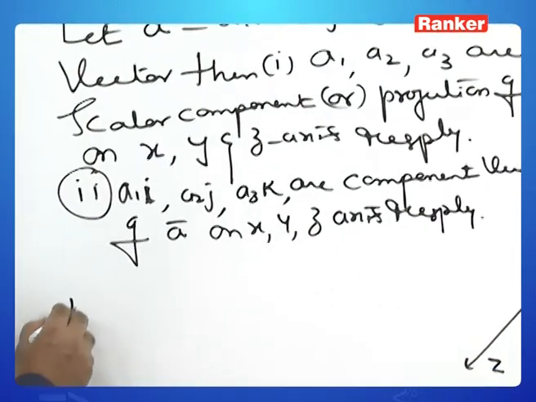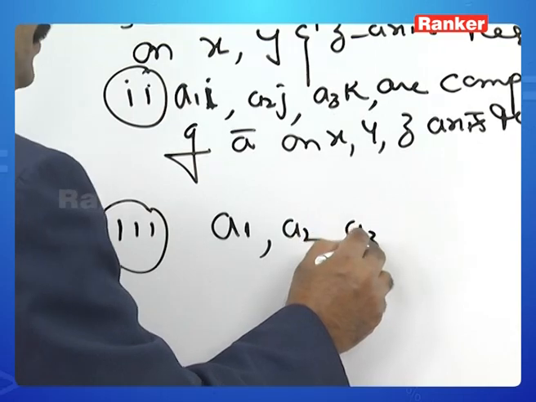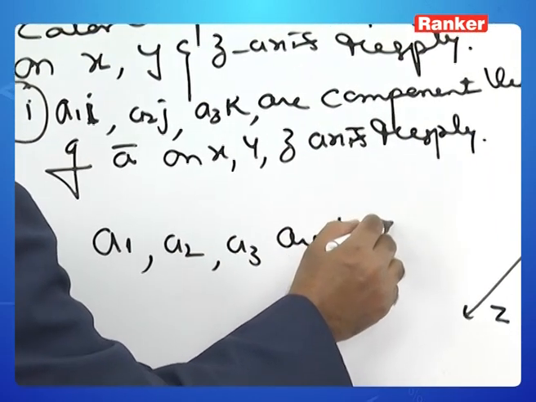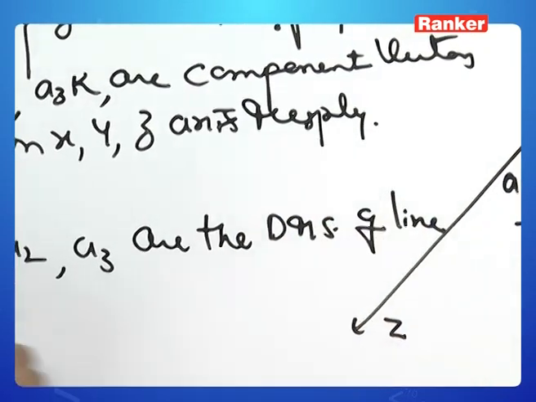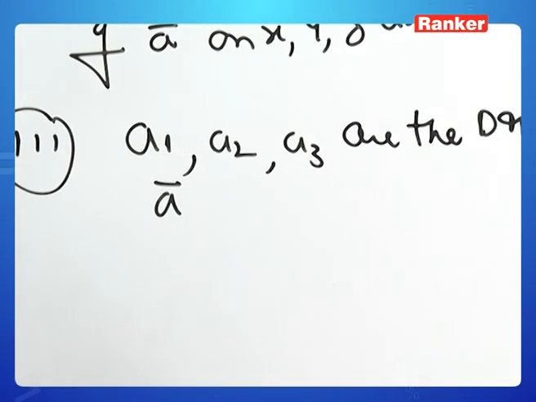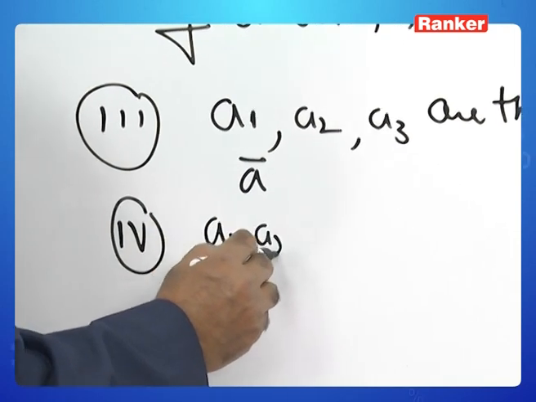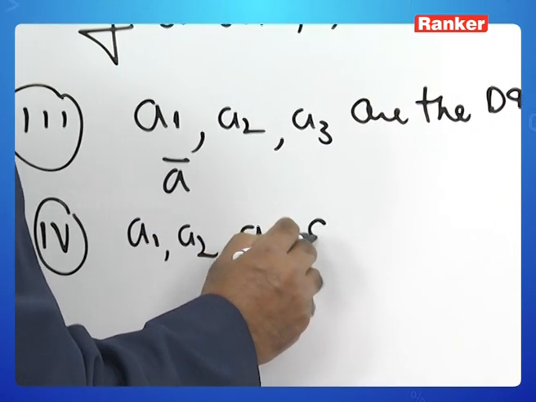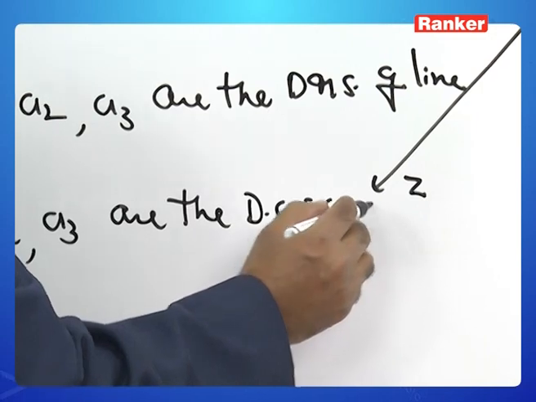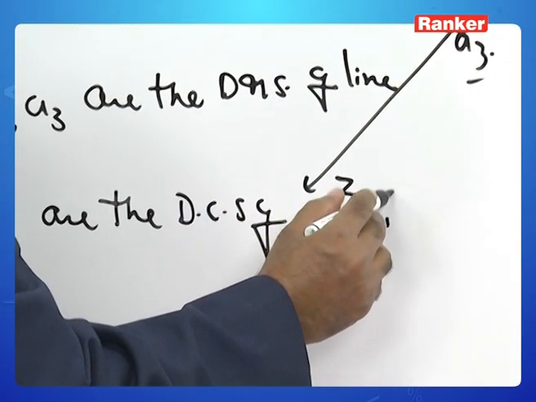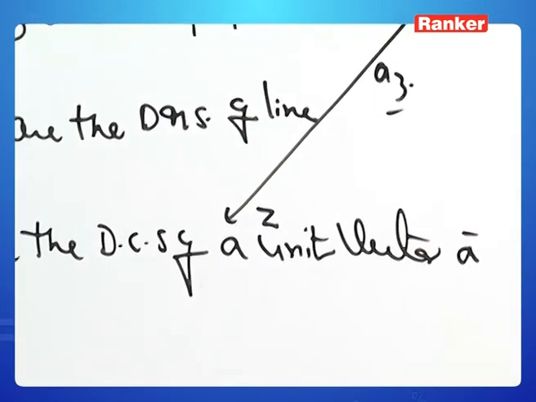Then the third one is A1, A2, A3 are the DRS of a line A bar. Fourth one is A1, A2, A3 are the DCS of a vector A bar. Try to understand.